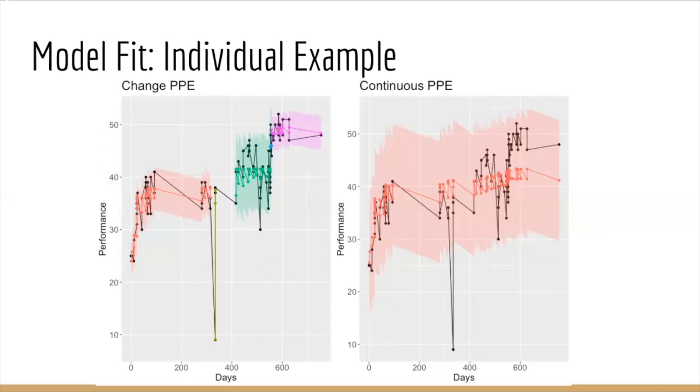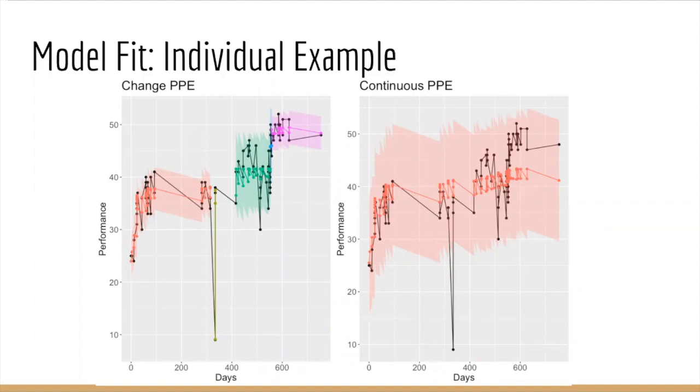From this participant, we can see that the change PP is able to better fit the participant's performance over time and estimates a greater amount of certainty, as noted by the confidence intervals marked by the multicolored ribbons. However, the continuous PP is seen to have difficulty in accounting for the participant's performance over time, underfitting the participant's later performance, and having a higher degree of uncertainty in estimates, as noted by the larger confidence intervals marked by the red ribbon.